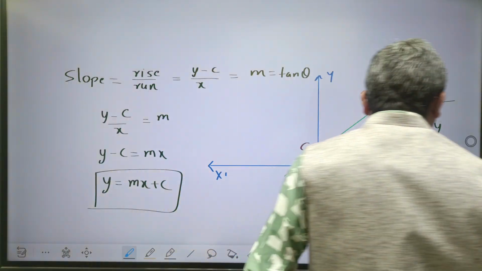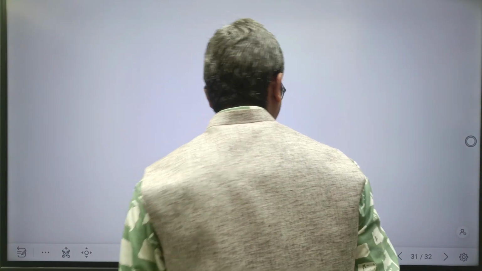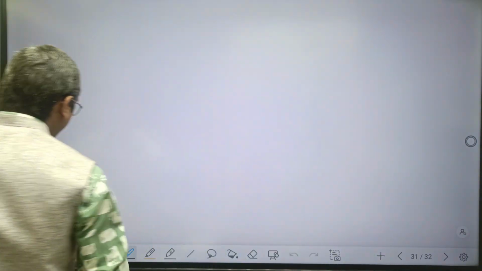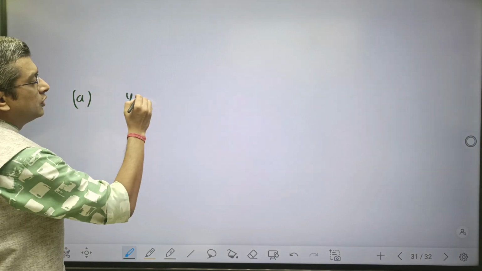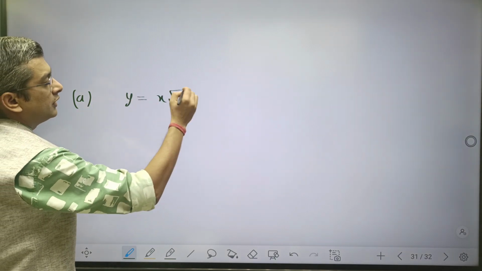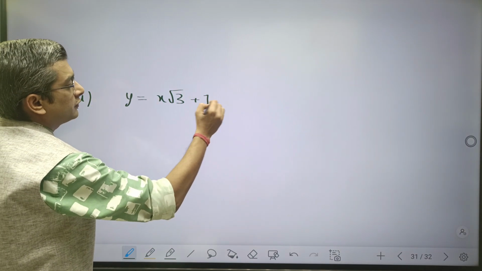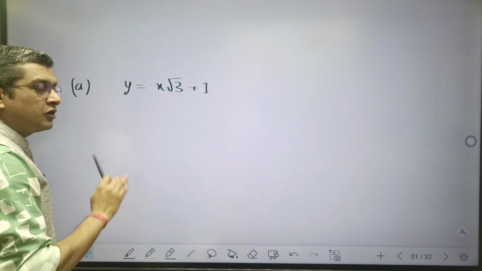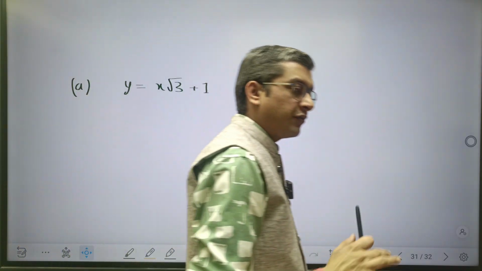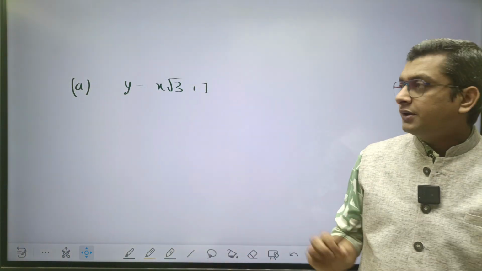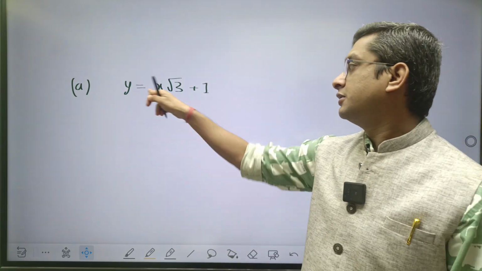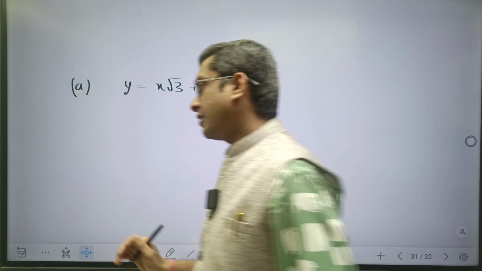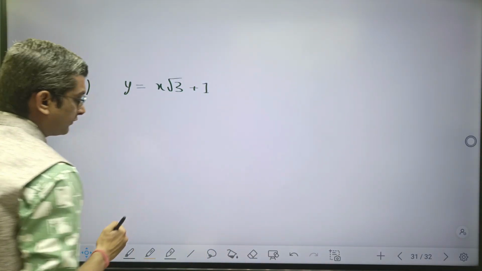Now let us have some examples so that you can understand it more clearly. Example A: suppose you have to represent y is equal to x root 3 plus 1. Observe the equation and the graph carefully, because there are many questions which are directly linked with such examples, so I am explaining very selected examples.